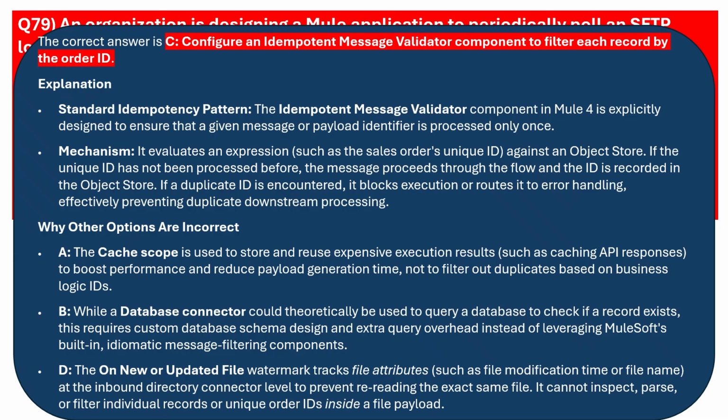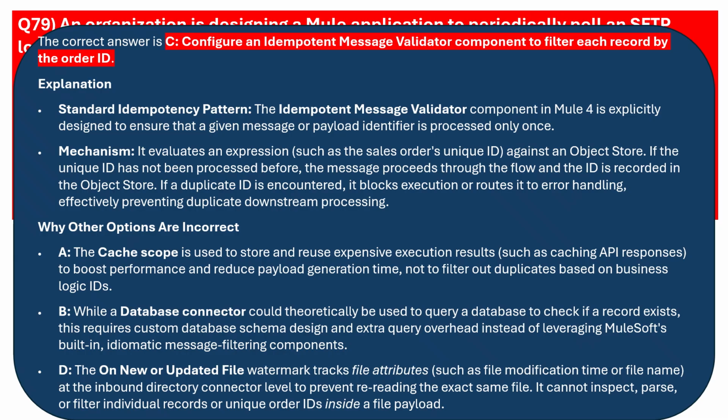Why other options are incorrect? A. The cache scope is used to store and reuse expensive execution results, such as caching API responses, to boost performance and reduce payload generation time, not to filter out duplicates based on business logic IDs. B. While a database connector could theoretically be used to query a database to check if a record exists, this requires custom database schema design and extra query overhead, instead of leveraging MuleSoft's built-in idiomatic message filtering components.